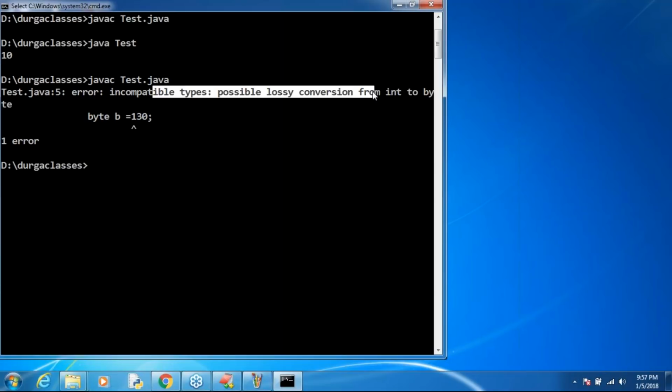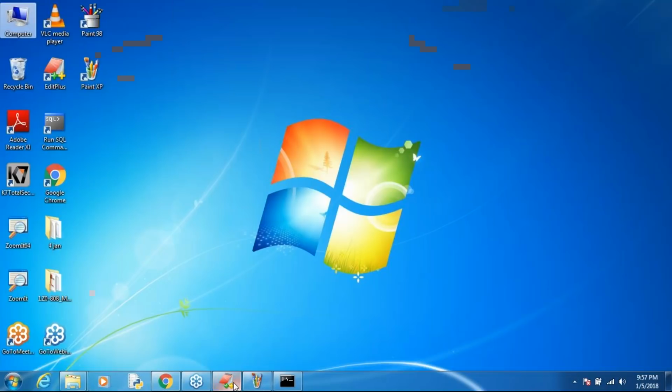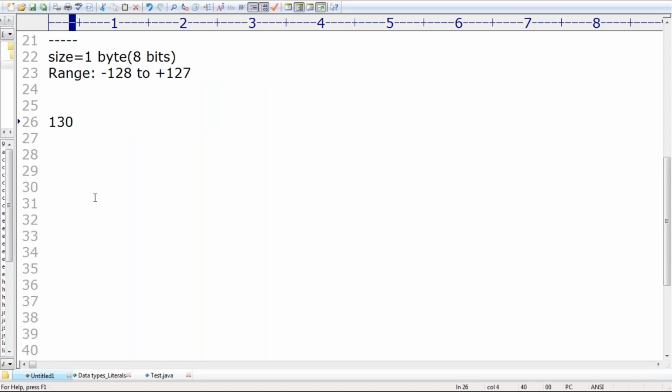Sir, now take very special care about this one. 130, very important, sir. By default, is 130 an integral literal or a floating point literal? I'm not talking about int type or byte type or short type.